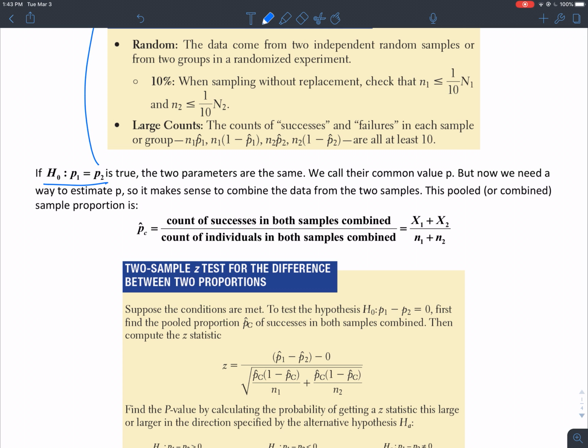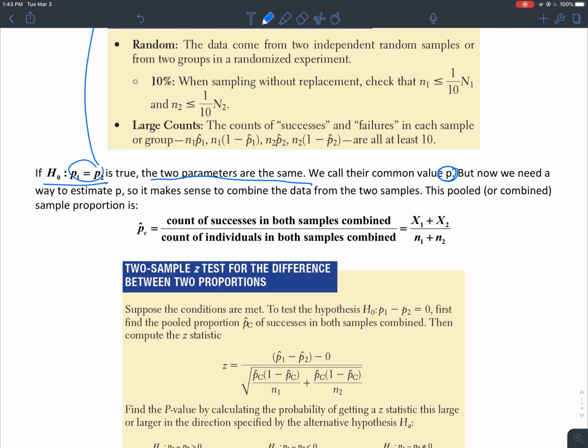If we assume that's the truth, that's how a hypothesis test works, we assume the null hypothesis is true, that the 2 parameters are the same. We call their common value P. But what is P?